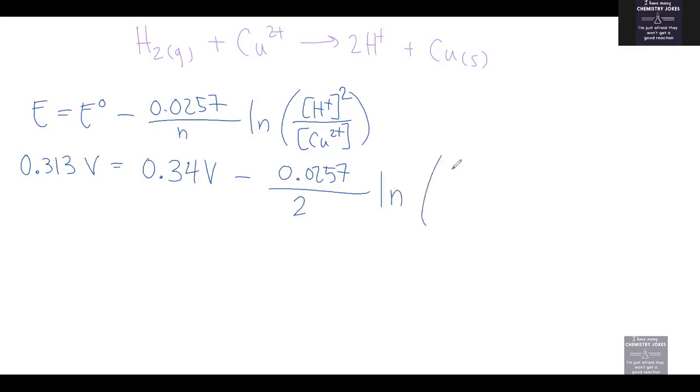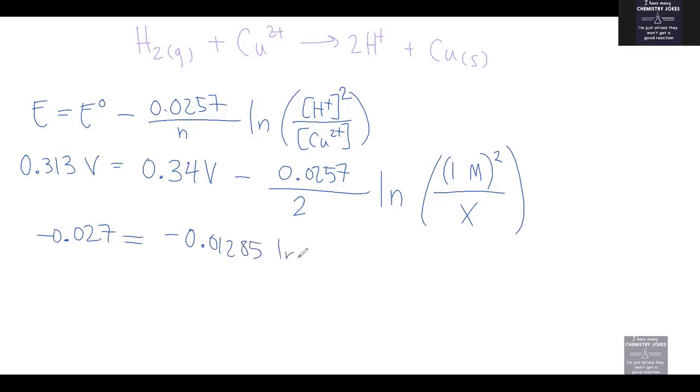Ln of 1 molar, H plus squared, but it's not going to matter, over X. You may not want me to, but if I walk through the math details, negative 0.027 equals negative 0.01285 ln of 1 over X. Ln of 1 over X equals 2.101. e to the both sides.